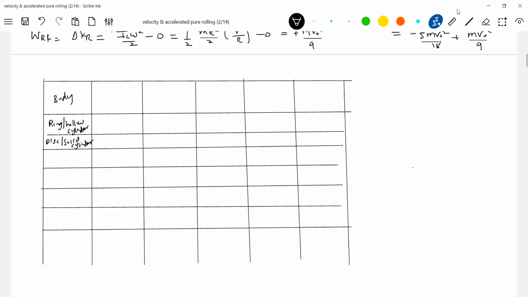Then what is left over now? Solid sphere, hollow sphere. All are having the same mass and radius R. What is the moment of inertia? You know it: m r square by 2, 2 by 5 and 2 by 3 m r square.